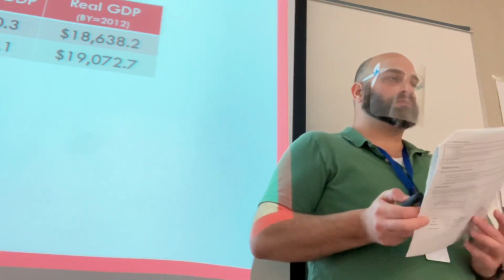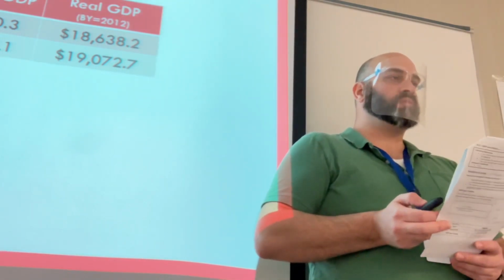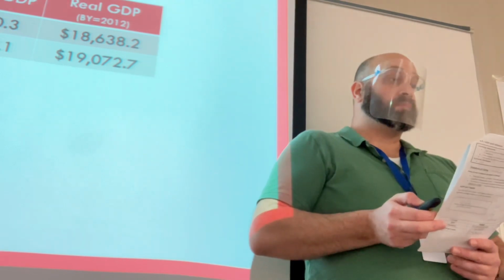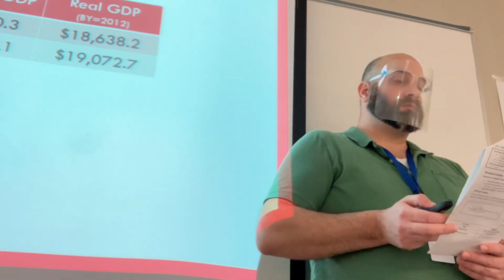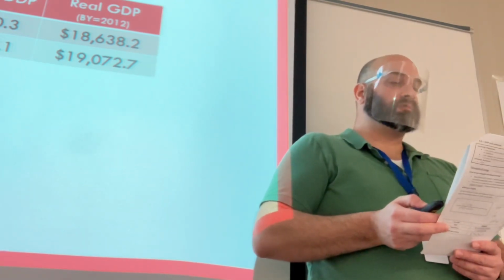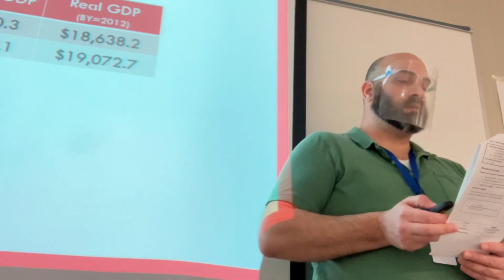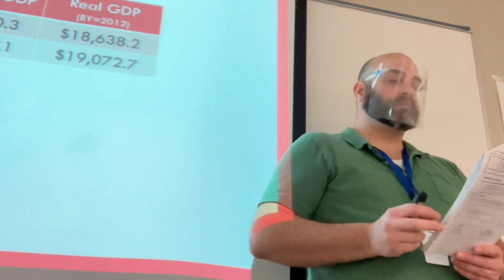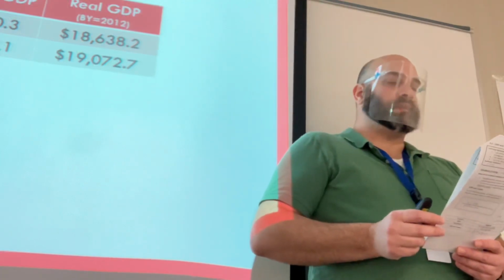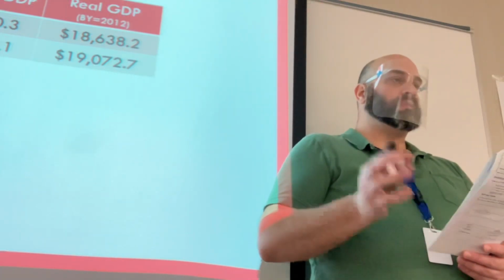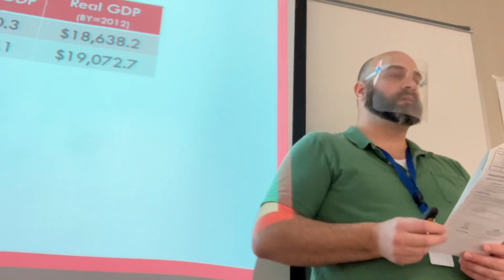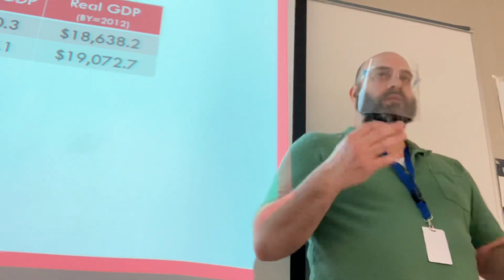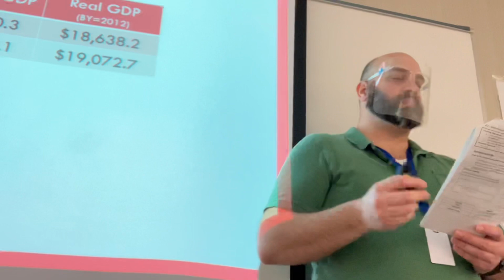So the U.S. gross domestic product from 2018 to 2019. The nominal was 20.5 billion, whereas the real, when they used the 2012 dollars, was more like 18. So when you adjust for inflation, it goes from that 20 billion to 18 billion.